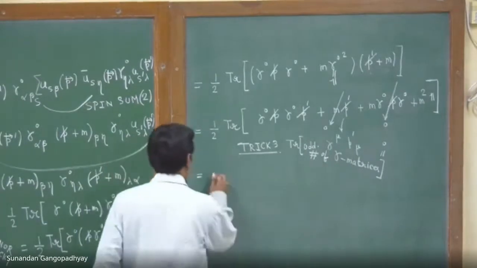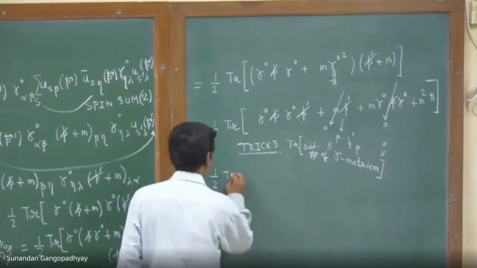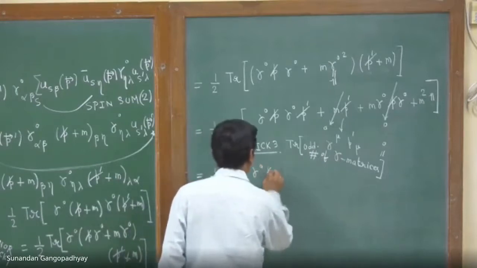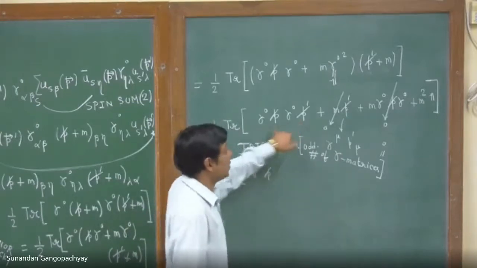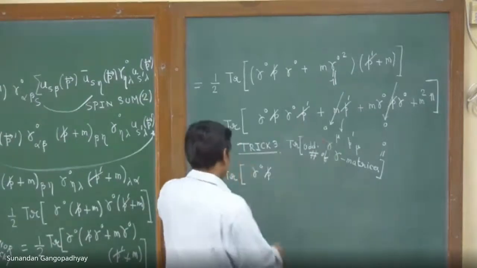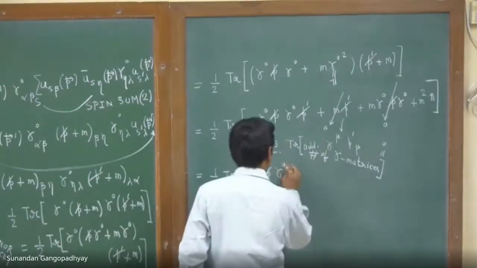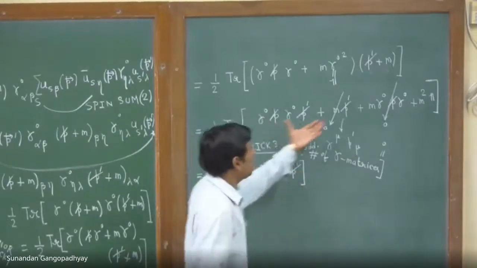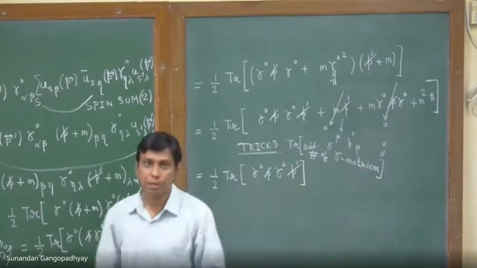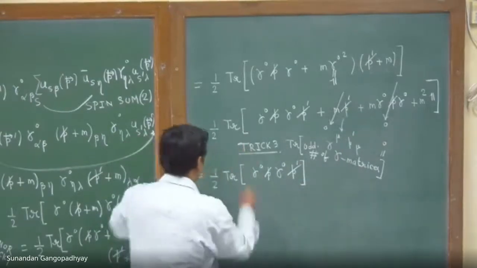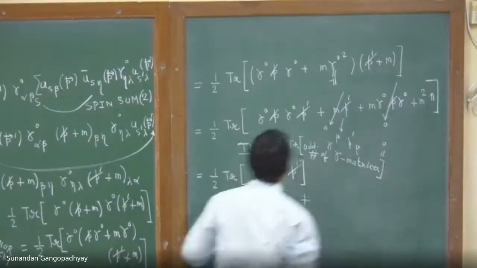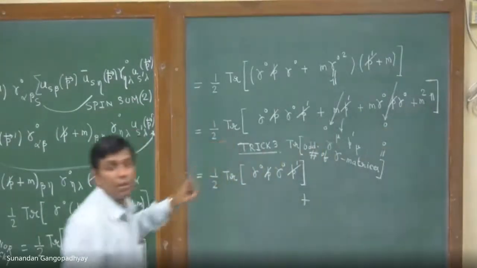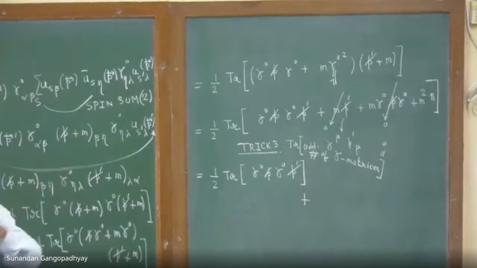And now we have half trace of gamma 0 P slash. You can see that this term is not 0 because there are 4 gamma matrices here. So this is P slash, this slash, and trace of A plus B is trace of A plus trace of B, so you can write this term separately. So this is half trace of n square identity matrix, but then identity matrix is a 4 by 4 matrix.